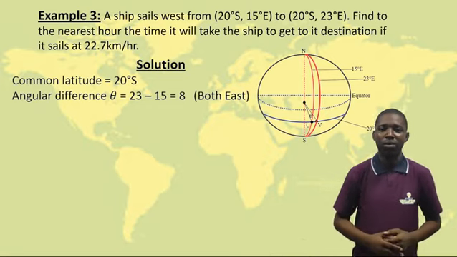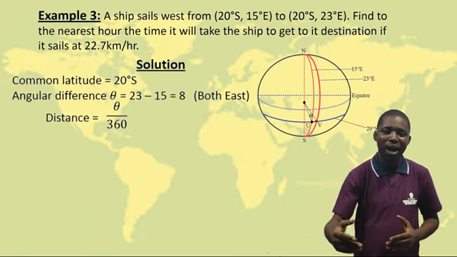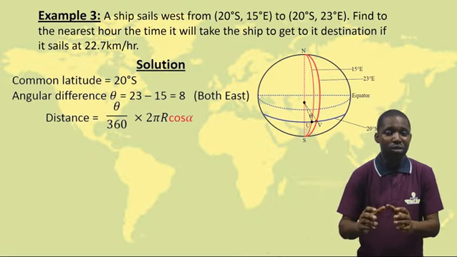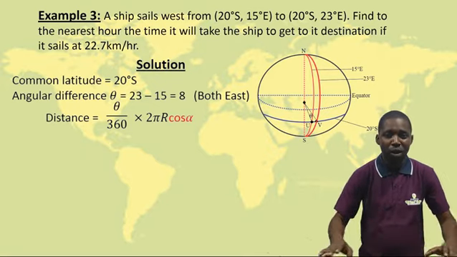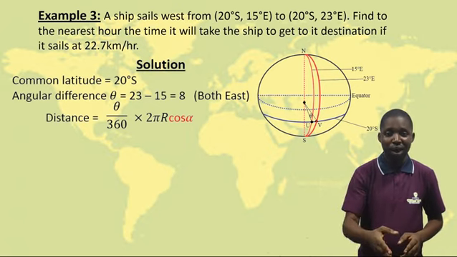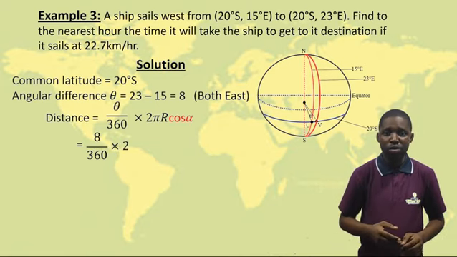Now let's go with the formula. Distance will be theta over 360 times 2 pi r cos alpha. I'm using cos alpha because we are dealing with parallel of latitude. Simply put, common latitude. Theta, we've just gotten that. That is 8. We have 360 in the question. 2 remains 2.